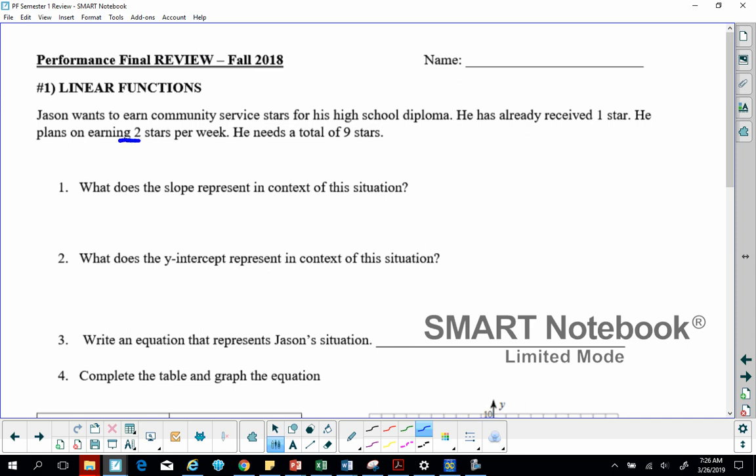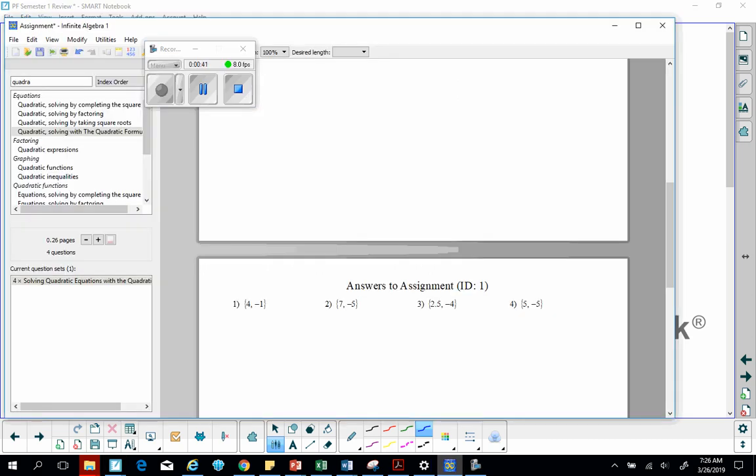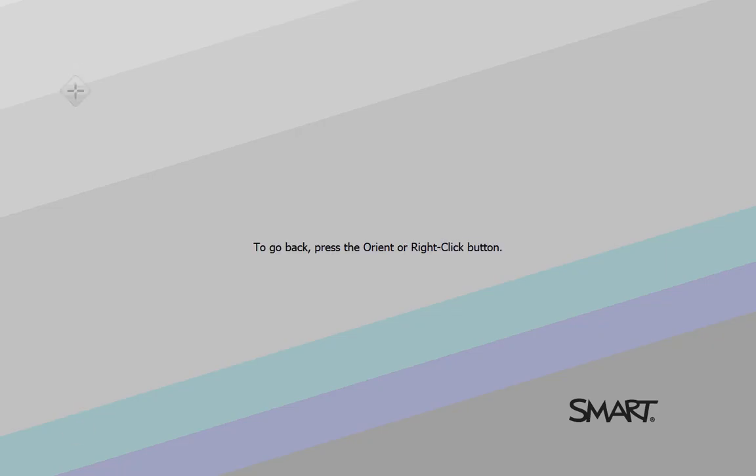Good. Remember that 2 stars per week is going to be your slope. So write that down.